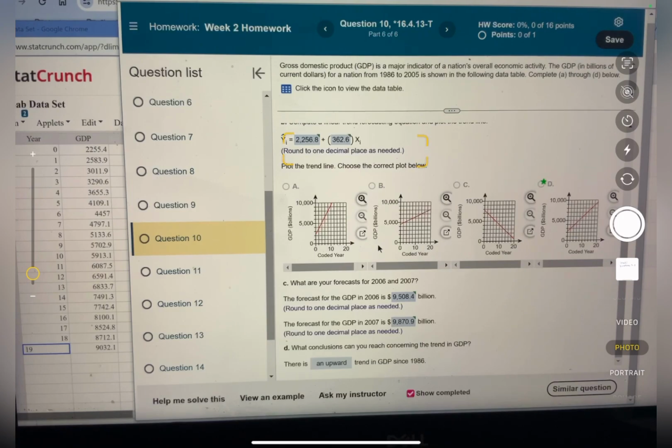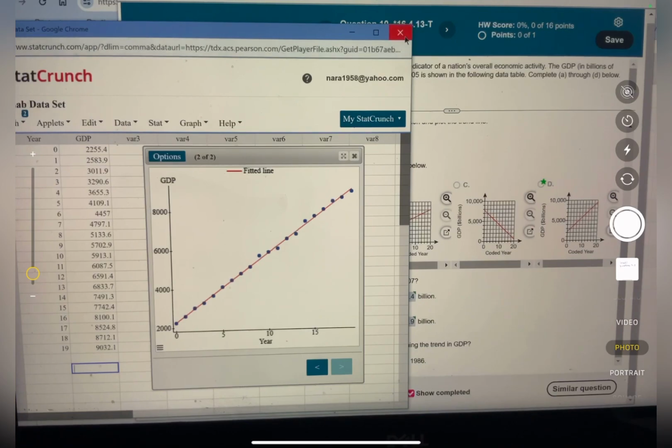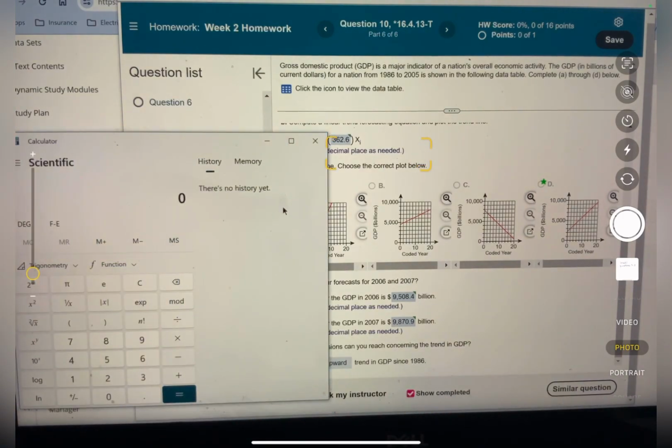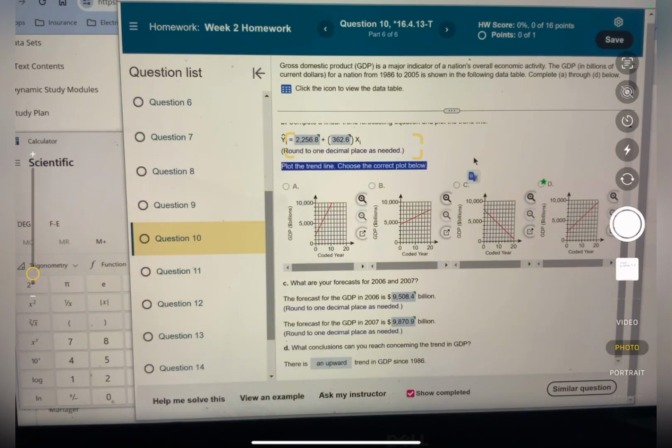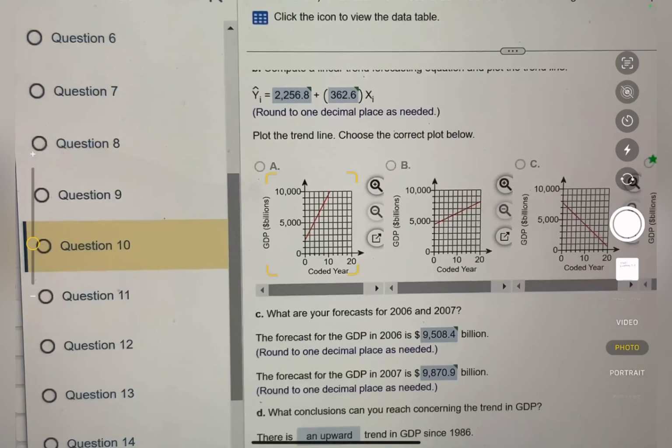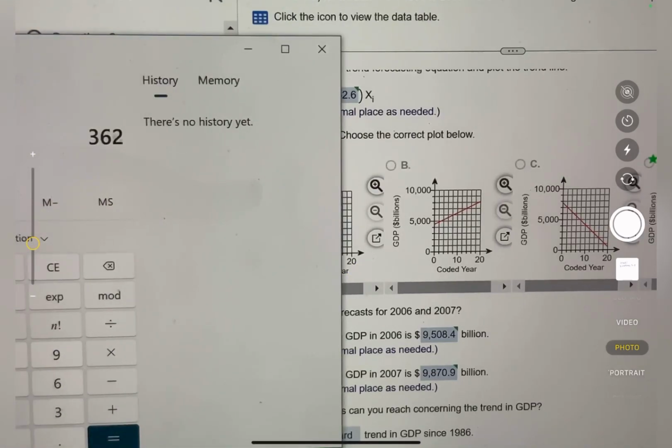So what I'm going to do, I'm going to plug into this equation. So instead of x, I'm plugging 20. So first I'm going to multiply 362.6. Here it is. Let me zoom it. 362.6 times 20, right?